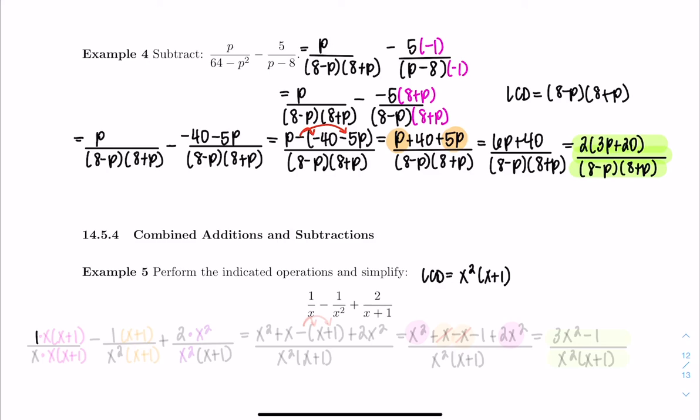So let's go ahead and write 1 over x and then figure out what I need to multiply the denominator by. Well, in this case, I'm missing one more x to get the x squared, and I'm missing the x plus 1. And so I need to multiply the top and bottom by x and x plus 1.